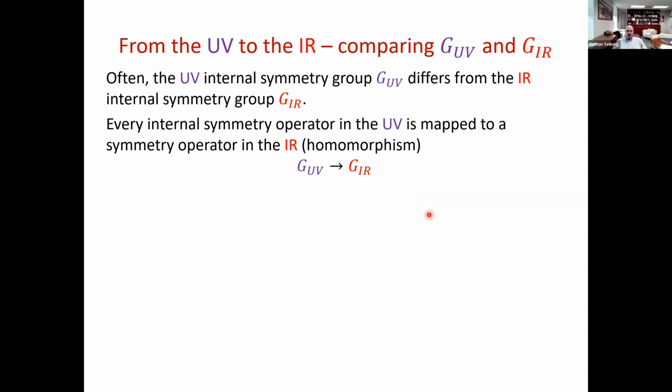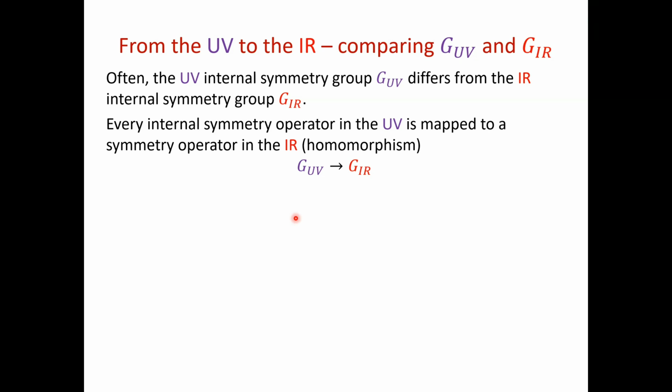This statement is still correct, but it takes more time to explain how the symmetries mix together. There's always a homomorphism, and the reason is what I wrote here: any symmetry operator in the UV is a symmetry operator in the IR. It might be trivial, it might be nuanced, but whatever is a symmetry remains a symmetry. Did that answer your question?